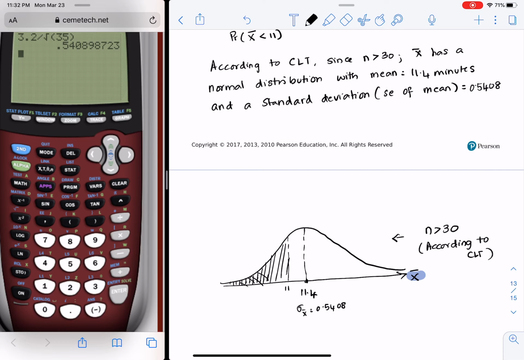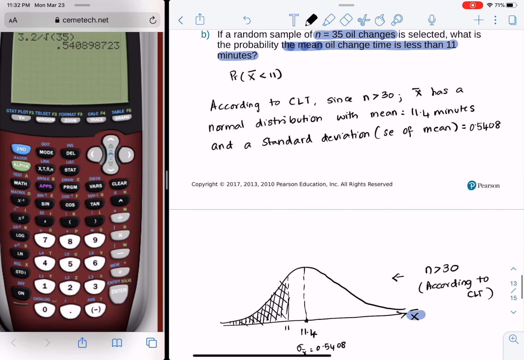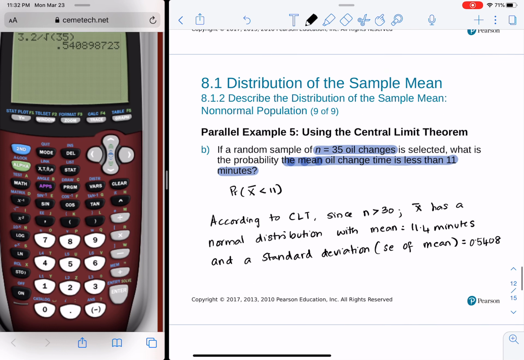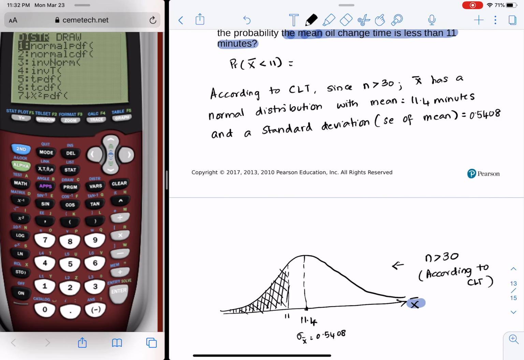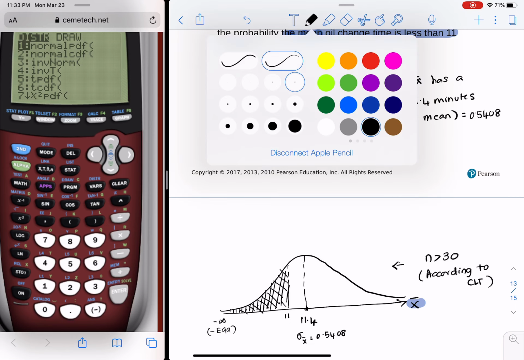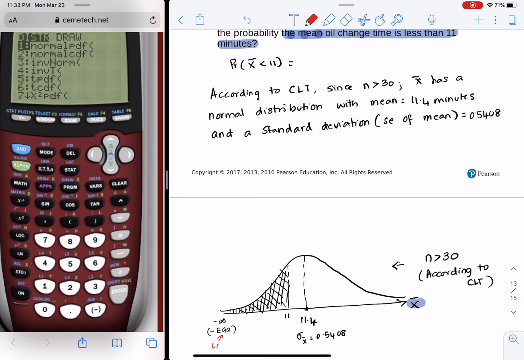So we are trying to find the area below 11, and that is given by normal CDF. We start at negative infinity, which is negative E99 in the calculator, and that would be the lower endpoint.